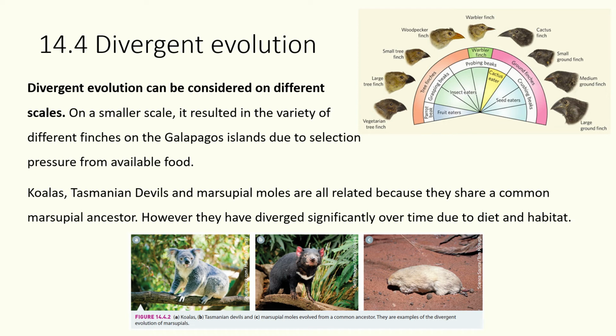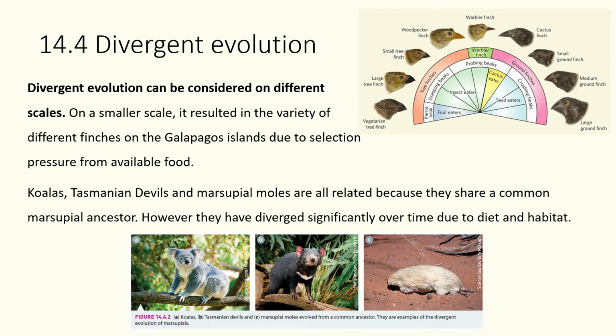We can look at this in a variety of different scales. We can be looking at quite closely related organisms, two almost similar species, and look at how they diverge. And if we look at the Galapagos finches, as we so often have, they're a great example of divergent evolution on a small scale.